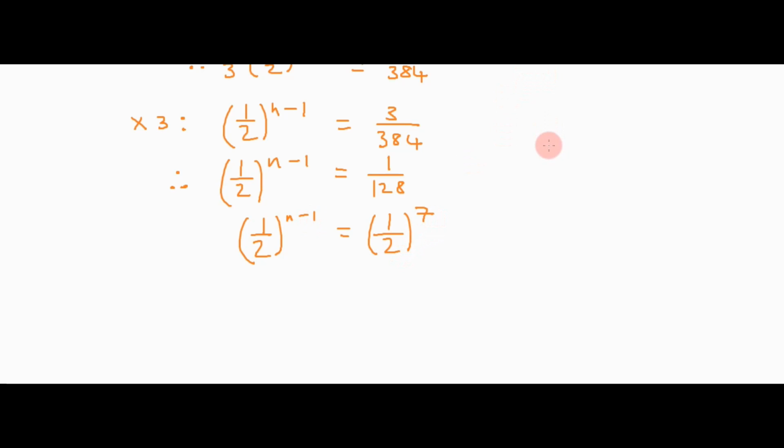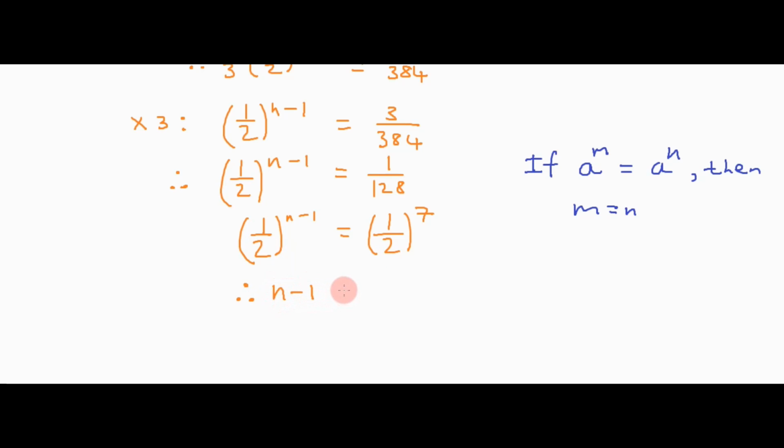And now we merely use this exponential rule that says if a to the m equals a to the n, in other words, if we have an exponential equation and the bases are the same, then the powers must be the same. So then m must equal n. And using this rule here, the bases are the same on both sides, so the powers must be the same.